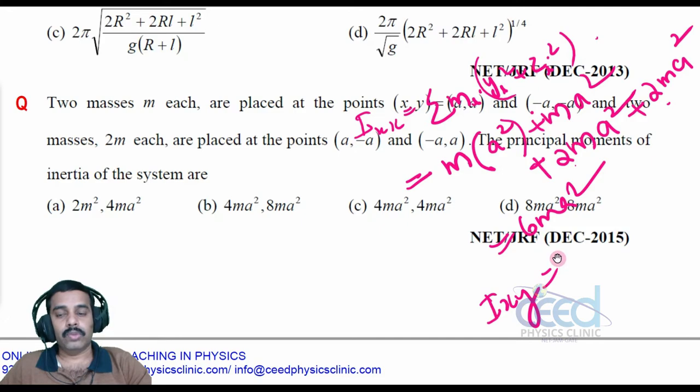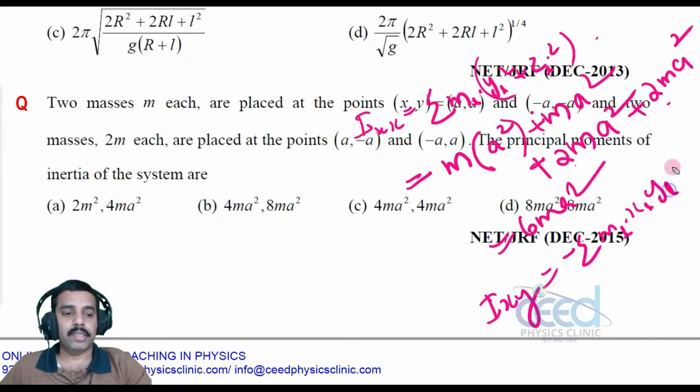Ixy is equal to minus sigma mi xi yi. That is equal to Iyx also, right?